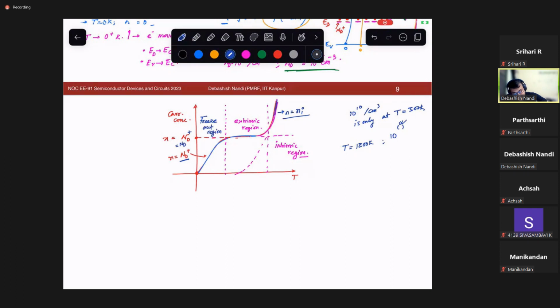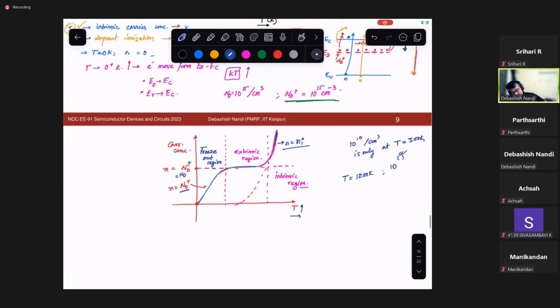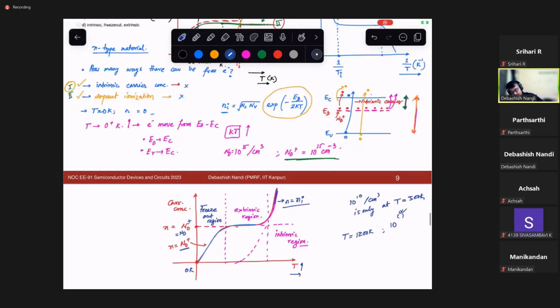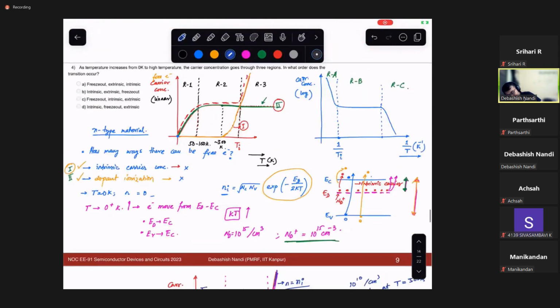So as we increase T from 0 Kelvin, what happens? The carrier concentration goes first through freeze out, then extrinsic, then the intrinsic region. Okay. The same plot, if you do it in log scale and 1 over T, will look like this.